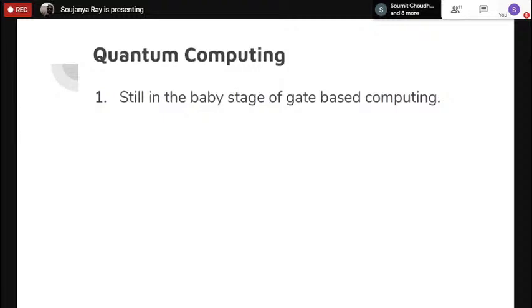If you go back and see, we invented transistors and gates around the 1950s, and then we made silicon chips or integrated circuits, where in a single chip we could put many transistors, and those integrated circuits grew in size, and the number of transistors inside the integrated circuit grew. So we are still in that stage where there are gates and we are pushing in bits and we are getting the results.